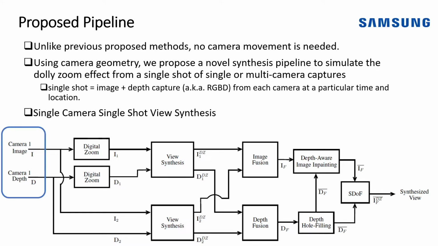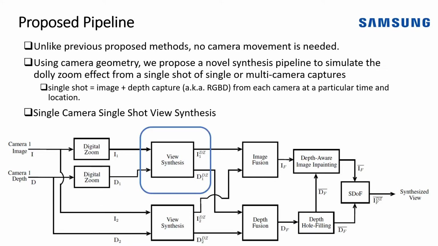Here, the input is the image, denoted as I, with FOV theta and its depth map, denoted as D. We apply digital zoom to both I and D through inverse warping to a certain angle, say theta 1, to obtain the zoomed-in image I1 and the corresponding depth map D1. The original input image I and depth map D are reused as I2, D2 respectively.